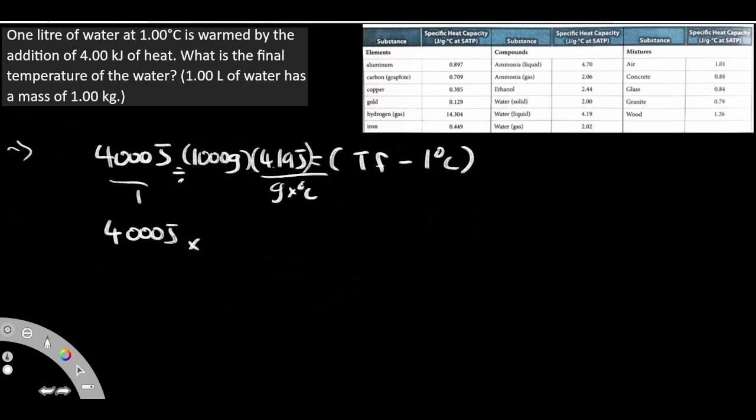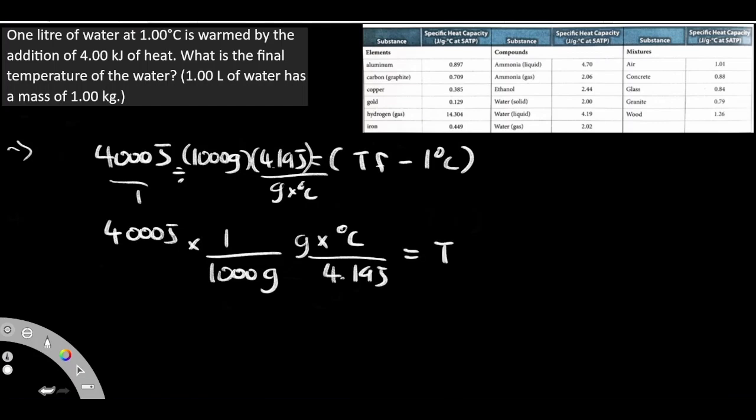So instead of 1,000 grams on top, it'll be on the bottom. And then this one here as well is going to be flipped. And it's going to equal TF minus 1 degree Celsius. And again, this is all over 1. So if we look at our units that we can cancel out, this is diagonal with this one, so this cancels out.